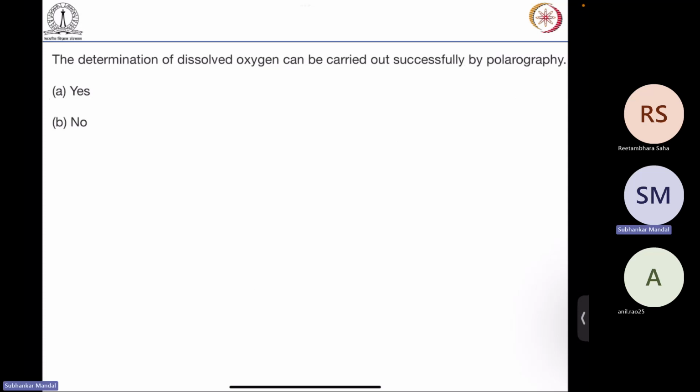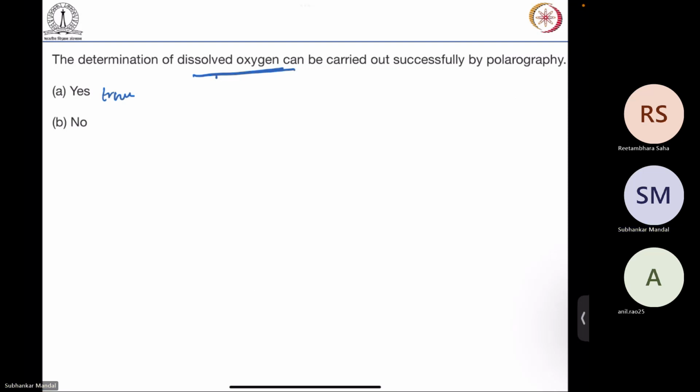What will be the answer? Yes or no? Dissolved oxygen. True.